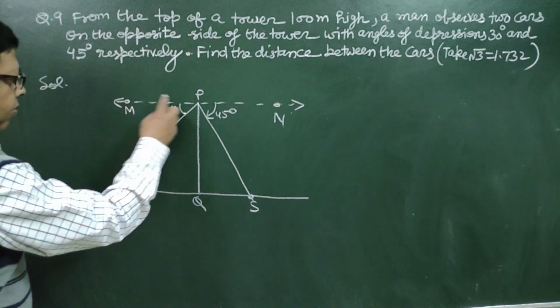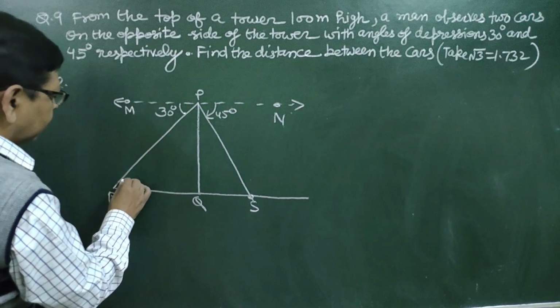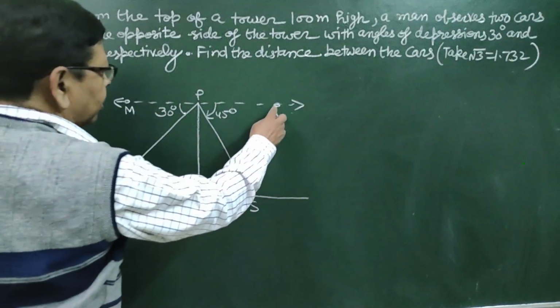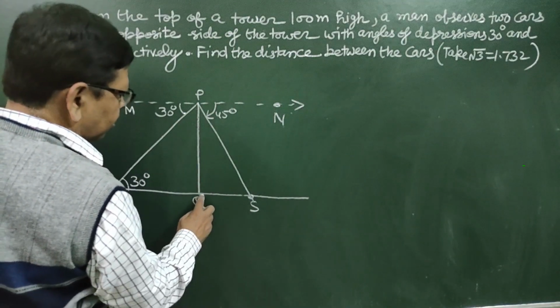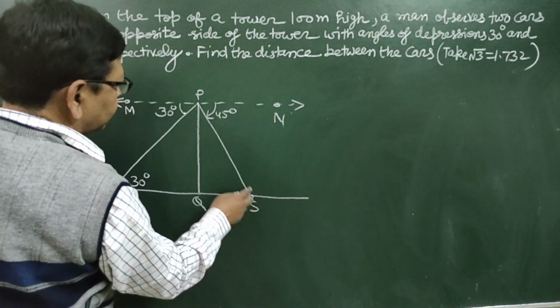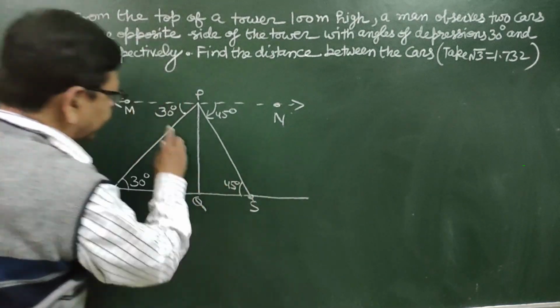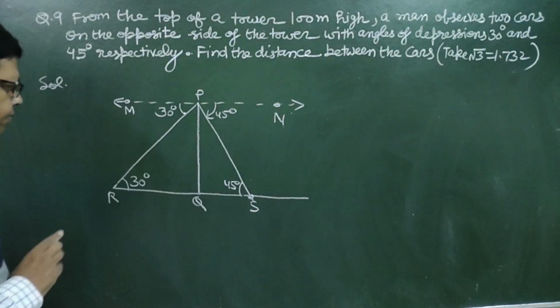Now angle MPR will be equal to angle QRP. These are alternate angles 30 degree, and angle NPS will be equal to angle QSP. This is 45 degree, because these are alternate angles, two parallel lines intersected by a transversal.